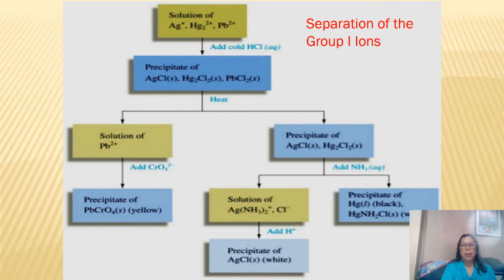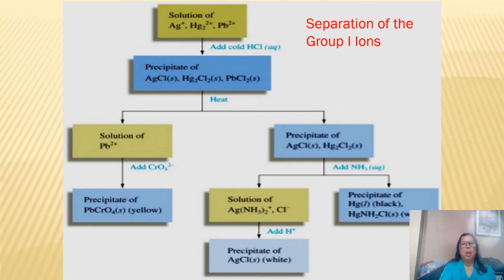But if you continue the solution to test for the presence of silver or mercury, upon the addition of ammonia, then addition of acid, the formation of a white precipitate will say that silver is present. Upon the addition of ammonia, if a black precipitate is formed, then mercury is present.